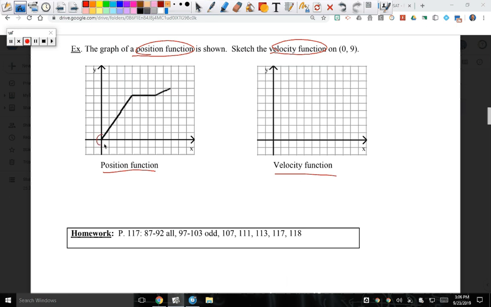So at x is equal to 0, it's actually undefined, because we know that the slope, i.e. the derivative, is undefined at cusps. You with me? But it's also undefined at an endpoint, because endpoints are non-differentiable.